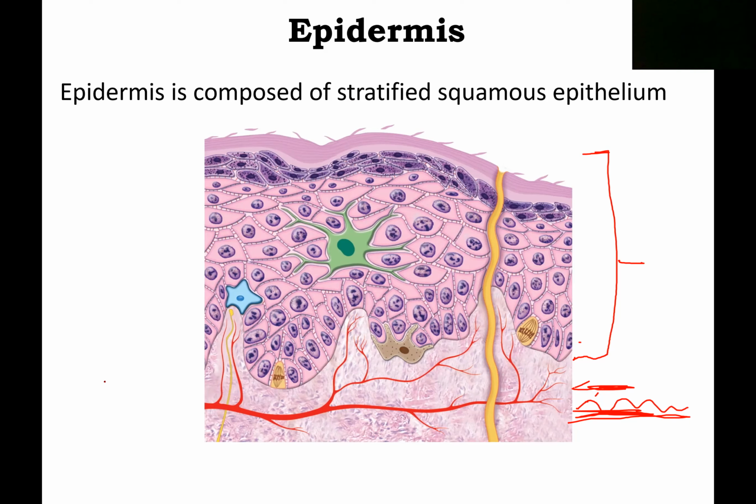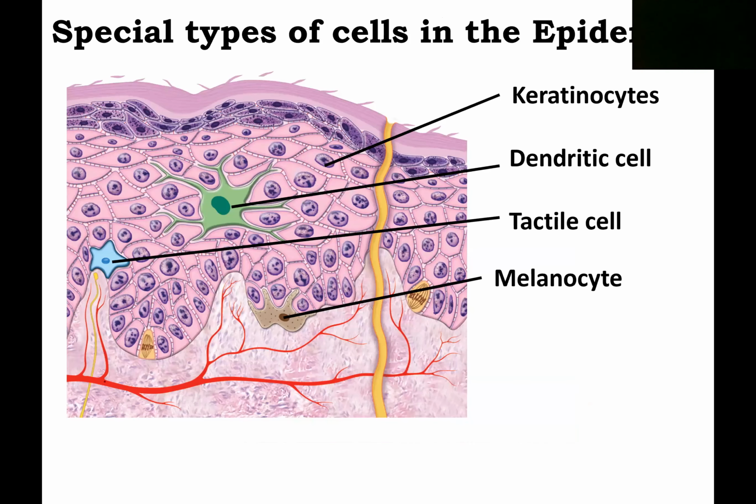Within the epidermis, you have certain types of cells. I don't know if this matches the right order, but this is how they were ordered on the labeled diagram. The most numerous of the special cell types are the keratinocytes.